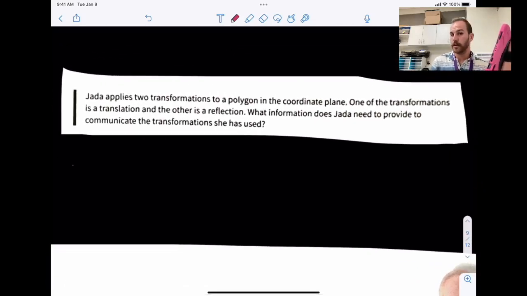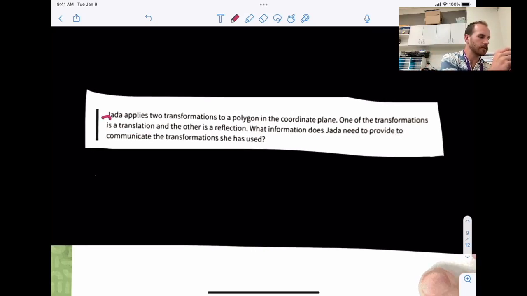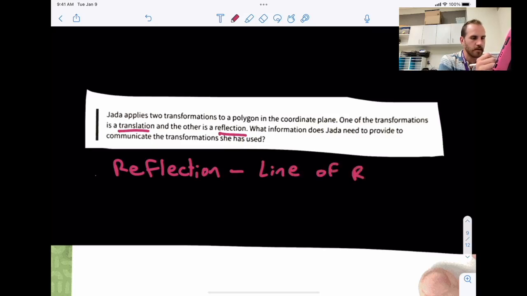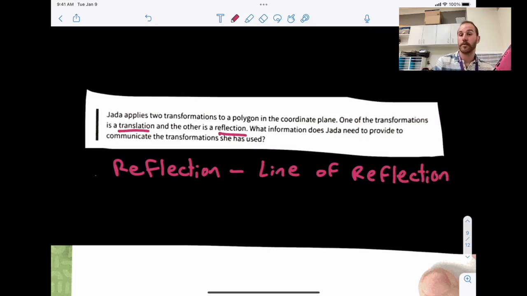So if you're here, congratulations. You've probably worked through the problem. Just as a heads up, one is a translation and the other is a reflection. So a reflection, these are nice. We only need to know what the line of reflection is. That's all we need to know.